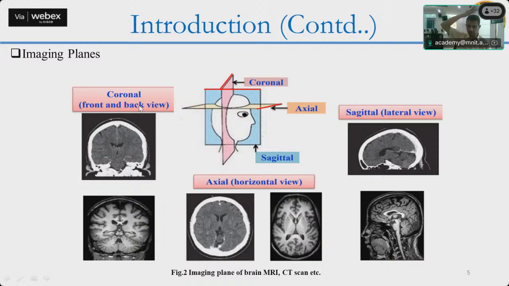Coronal is along the head, the front and back view, where you can see easily. Axial is the horizontal view, and sagittal is the lateral view.